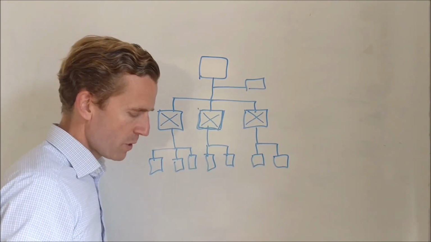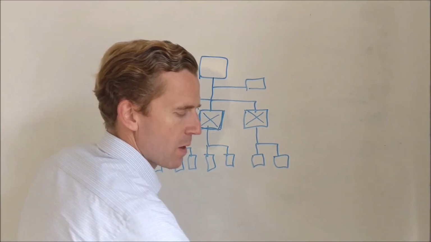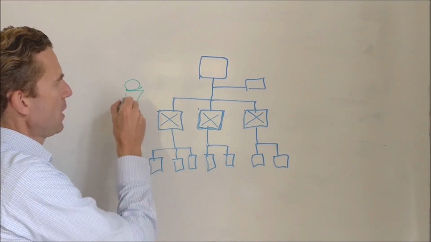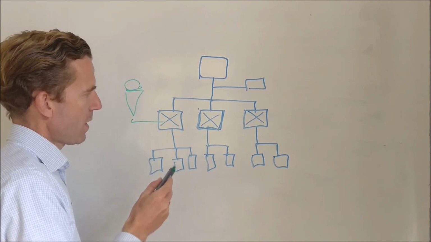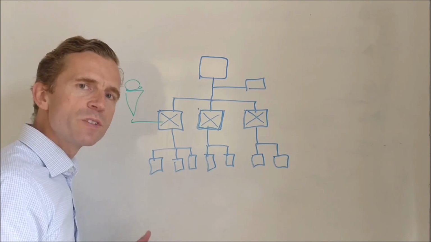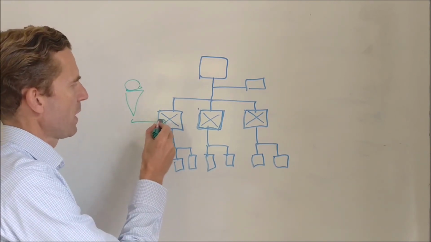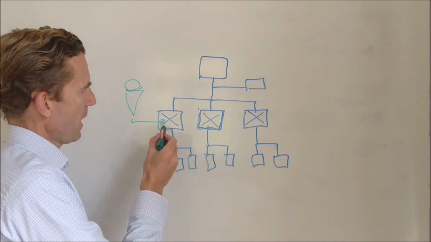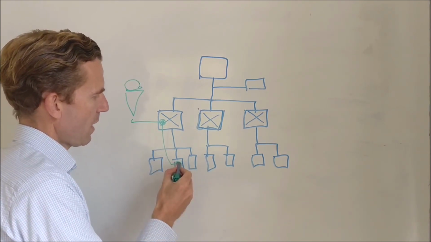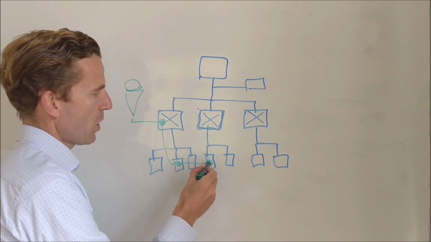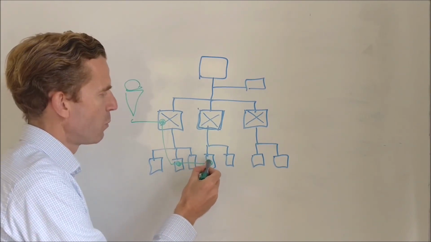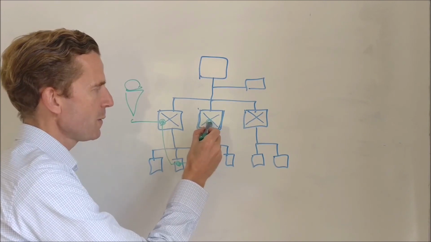Now, the problem with this setup is that the customer, he's out here, and he places an order. And because the sales department prefers to do things their own way, this order may have to wait a little bit. It may have to go to a different department for clarification, and then it has to go to another sub-department in production before there are enough orders for production to start producing.